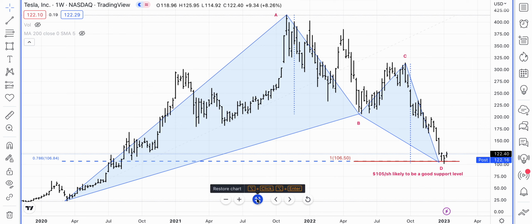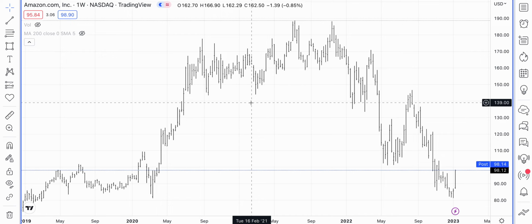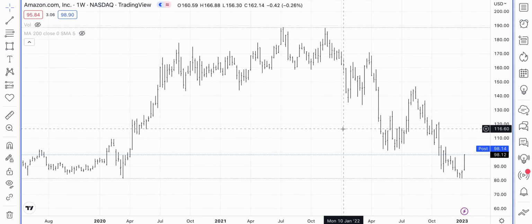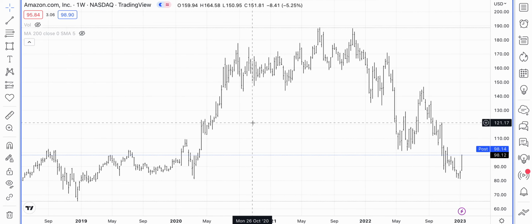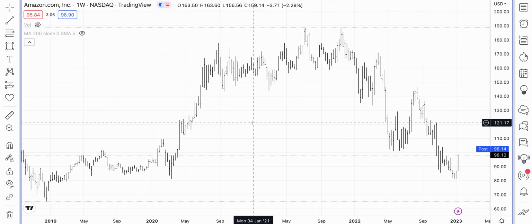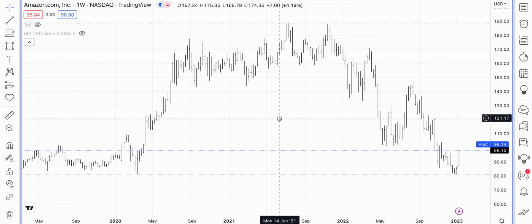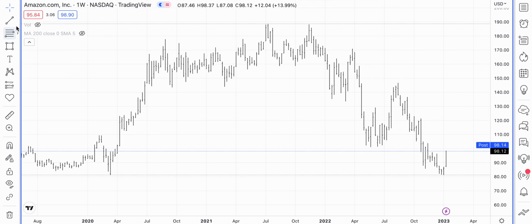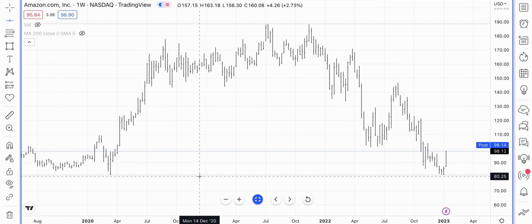Okay, so now we're going to take a look at the Amazon stock. This is the weekly chart of the Amazon stock, and we'll go back to the daily chart where we have more technical analysis done. But essentially, it's a double bottom.